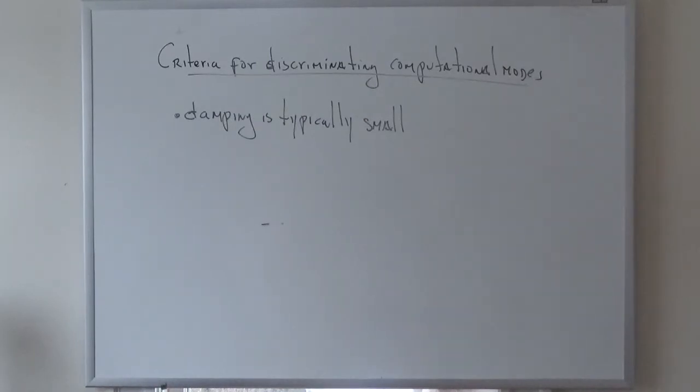In typical structures, buildings, towers, bridges, and so on, dampings are on the order of 2-3%; 5% is already relatively large. So if we find, when we're doing identification and we separate our frequencies and damping, that this mode and that mode have 20% damping, what are we going to do? We're going to say, forget about those. Those are computational modes. They cannot be real modes, right?